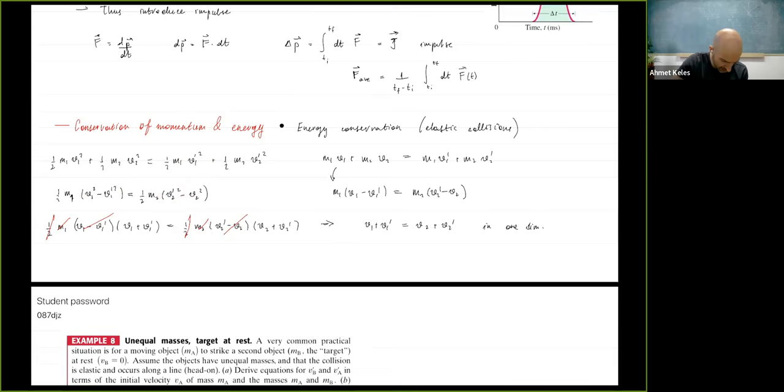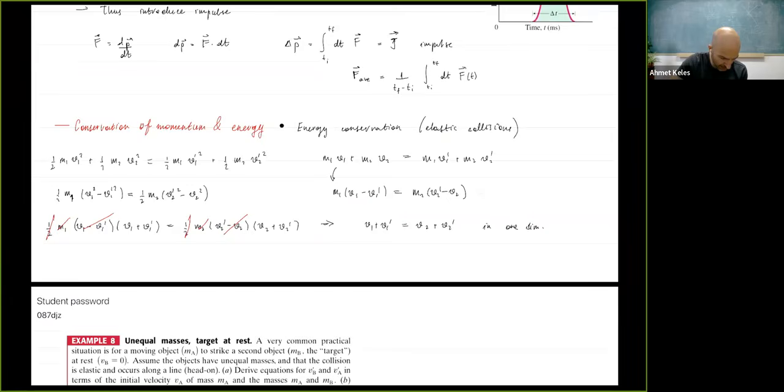I used a squared minus b squared is equal to (a minus b) times (a plus b). And when I wrote it like this, I found that there's actually a piece that's exactly coming from the momentum conservation, right? There was m1 times (v1 minus v1 prime) and m2 times (v2 prime minus v2). And if I started with momentum conservation, I got exactly the same piece and I canceled those.